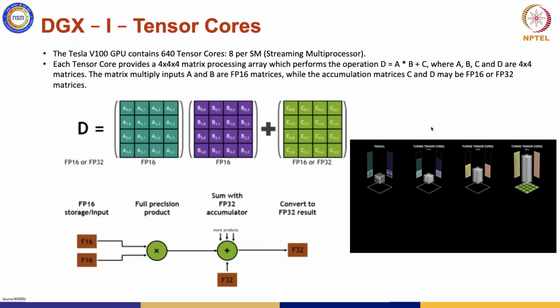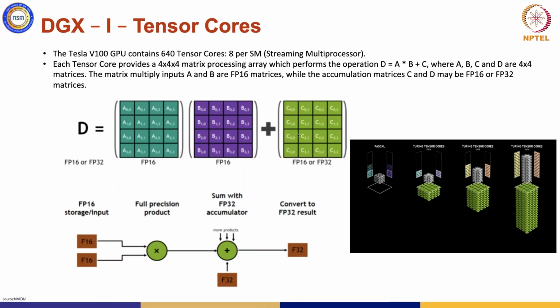The idea here is you perform an operation of the type A into B plus C equals D. So you are doing matrix processing using arrays, and then there is an accumulation in the end.